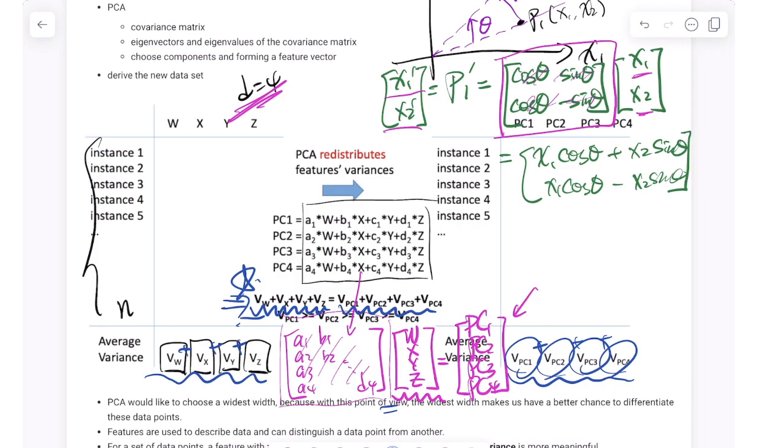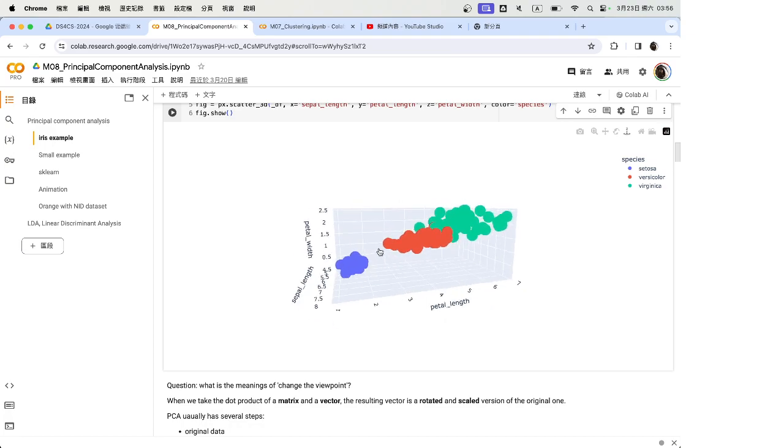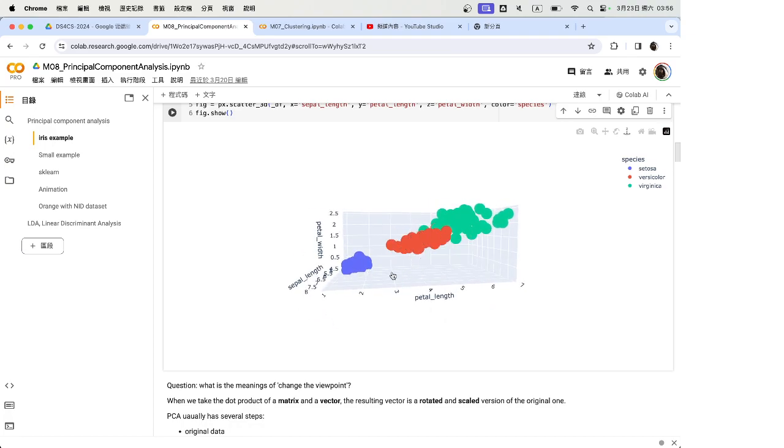Take a look at this one. When we rotate the data, for example from the original x, y, and z, you can project the data onto the x-axis, y-axis, and z-axis to calculate the corresponding variance on each axis.